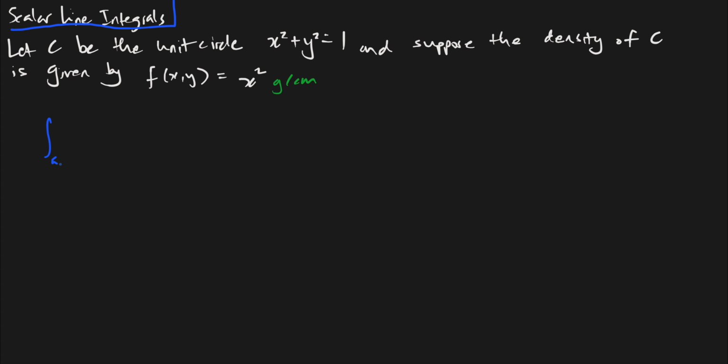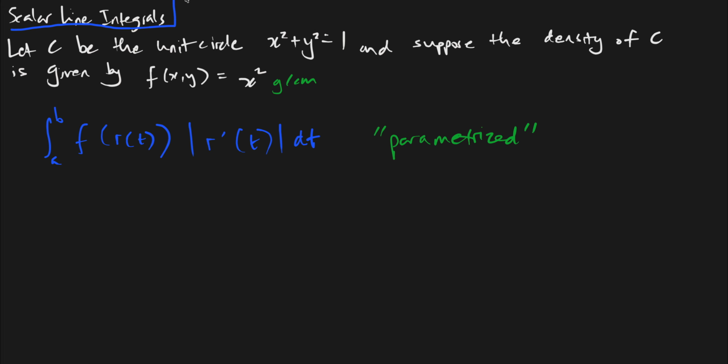So you have, going from a to b, f of r of t multiplied by the length of the derivative of r of t times dt. This is obviously in parameterized form, but you nevertheless get the picture.